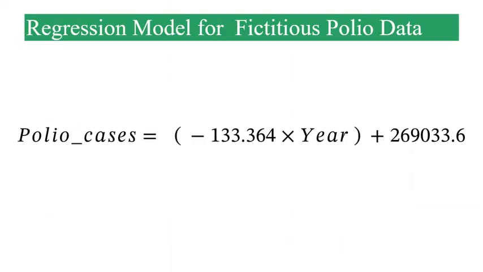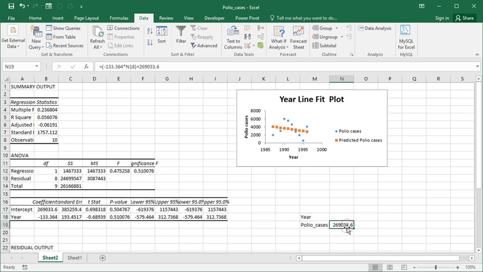I will use this model to predict the year we will eradicate polio from the location with goal seek. This cell contains the model for polio cases, which is a formula. The formula is on the formula bar. It's the same as the model shown on the previous slide.